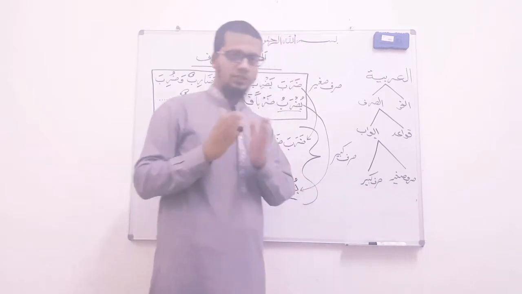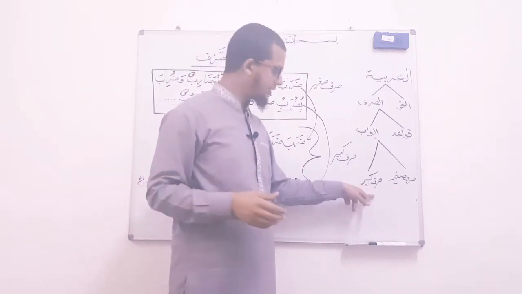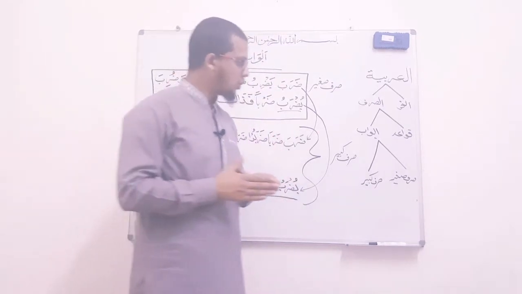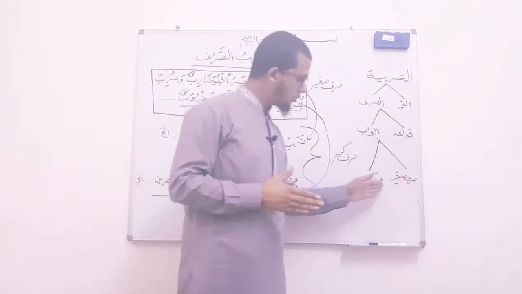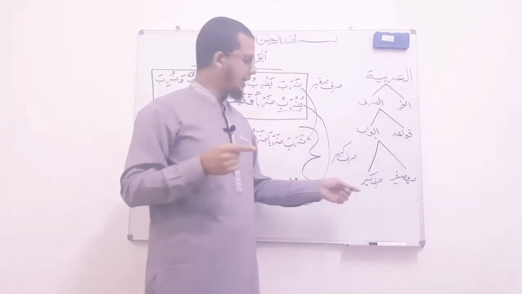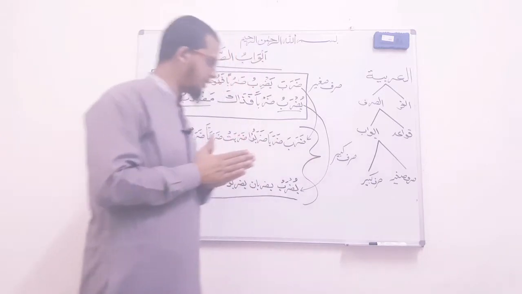Saghir means small, and Kabir means big. So every Bab is divided into two shapes. Number one, small Sarf, and number two, the big Sarf, long Sarf.